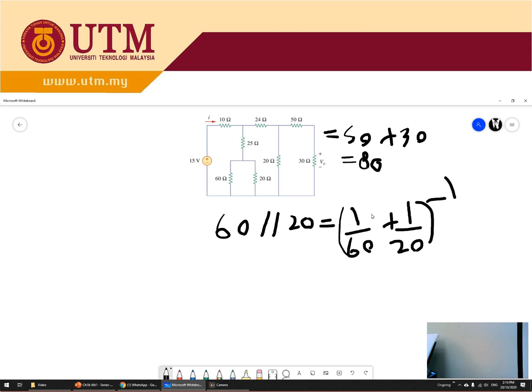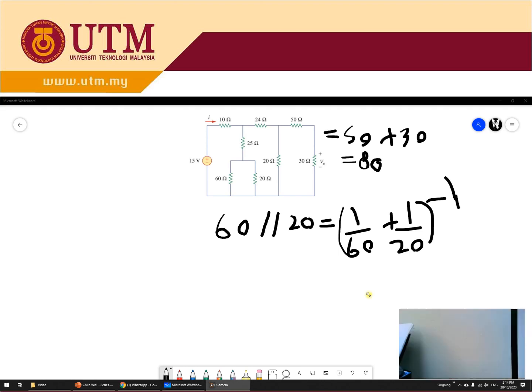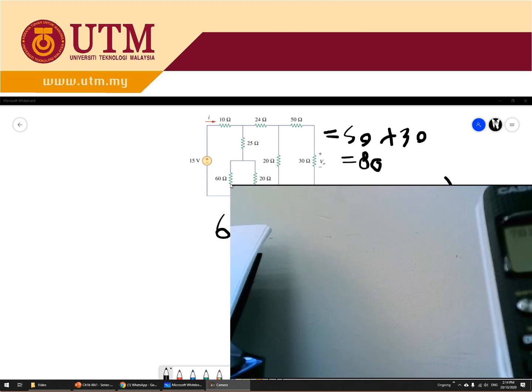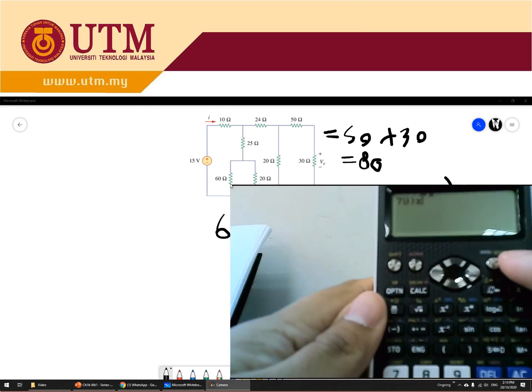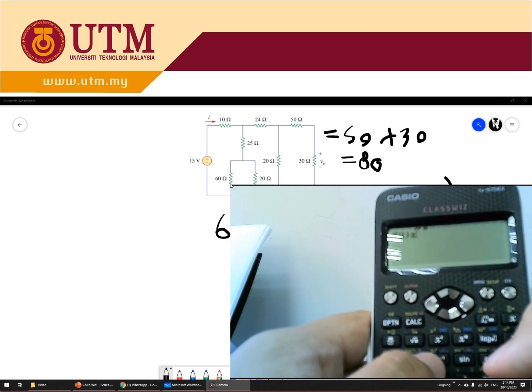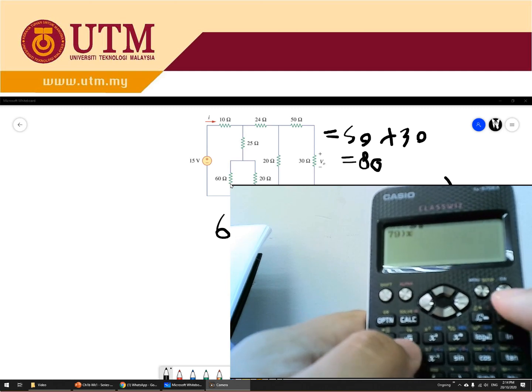Don't forget to invert it back. How to use the calculator? If you can see here, there is an x minus 1 button.